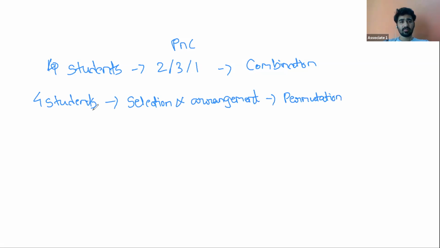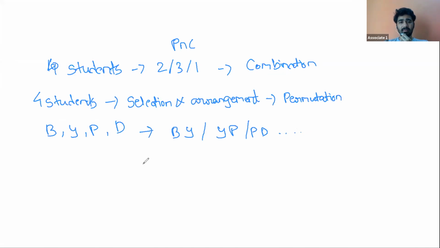To give an example, in the earlier case, we have Bhushan, Yaksh, Pranit and Dhanashri over here. If I say that I want to select two people, those can be Bhushan and Yaksh, or Yaksh and Pranit, or P and D, and so on.